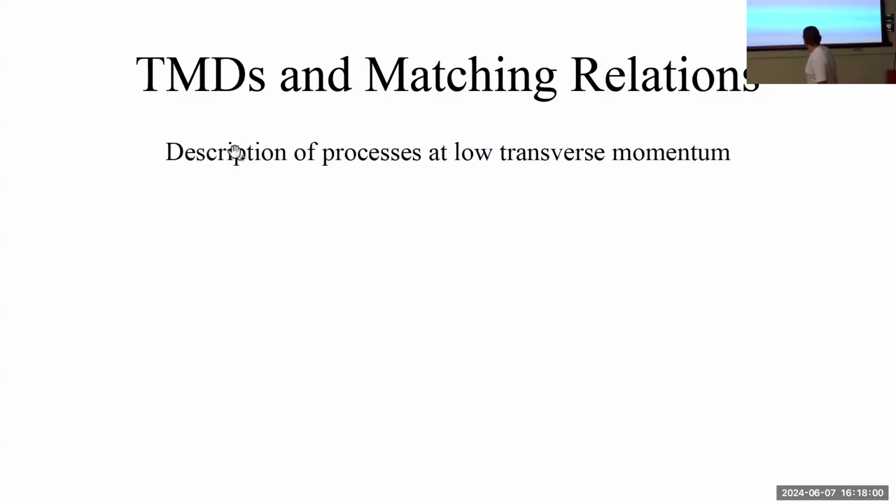These distributions describe processes related to low transfer momentum, low with respect to the hard scale of the process, that is the momentum of the transferred photon.